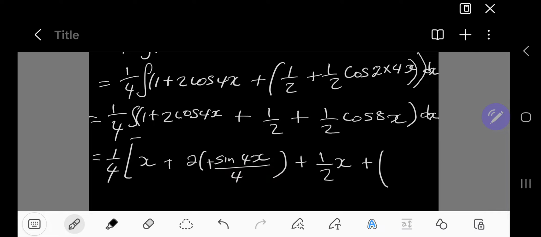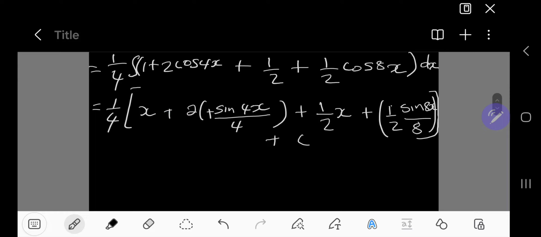It's sine that becomes negative when we integrate to cos. I'm confusing it with differentiation. It's only when we differentiate that cos changes to negative sine. Sorry about that. Then this is going to be 1 over 2 sine 8x divided by 8. We close the bracket there, close the bigger bracket also, and say plus c.